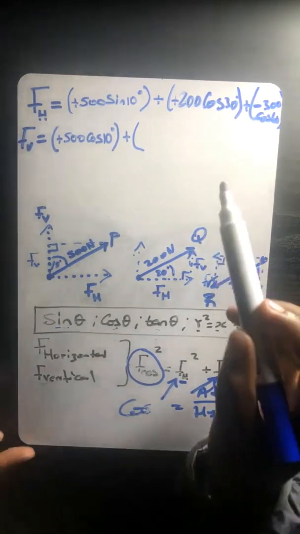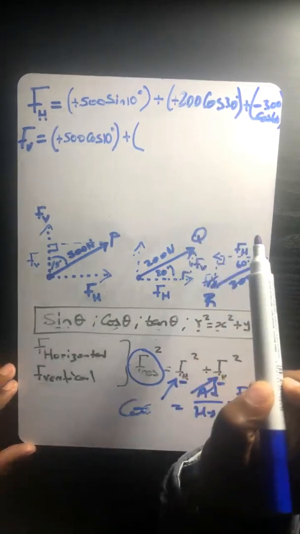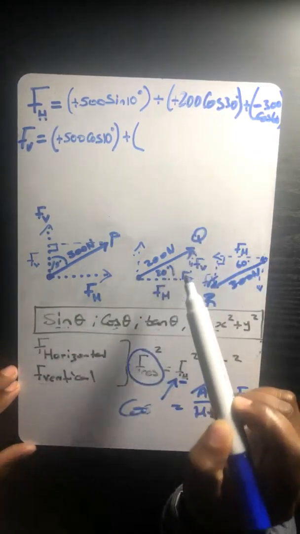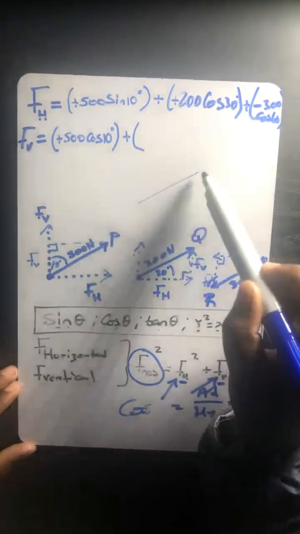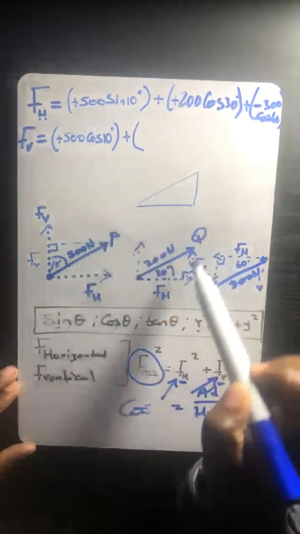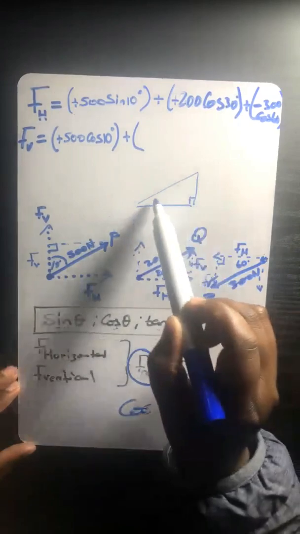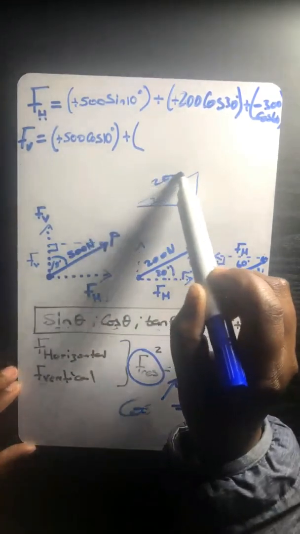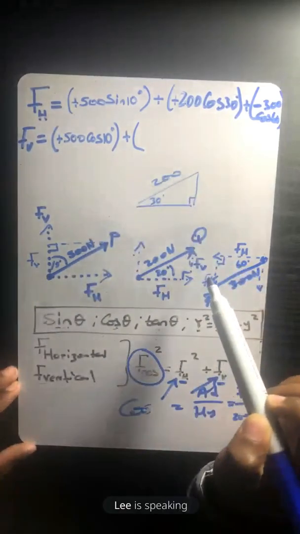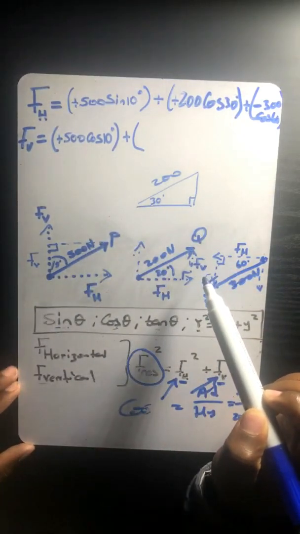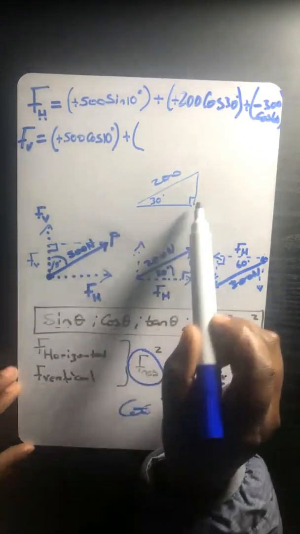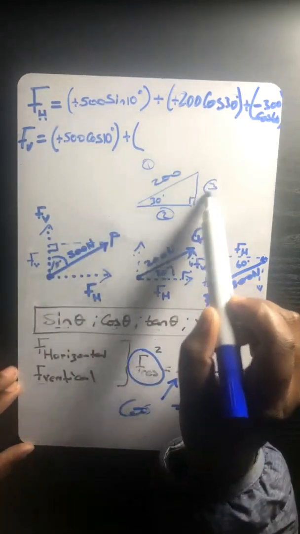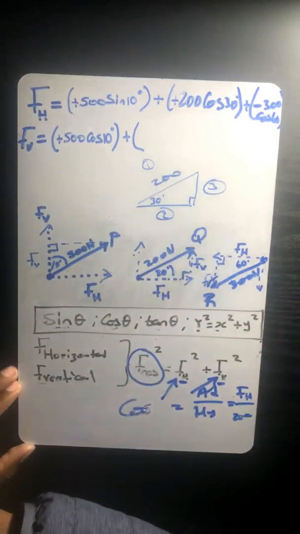So LB, what you need to do while you're still thinking is to redraw that right-angled triangle there. Just draw it exactly as it is. You have 30 degrees there, then you have 200 Newton there. So ask yourself a question: which side between these are you looking for? Let's say 1, 2, and 3. Which side are we looking for, guys?